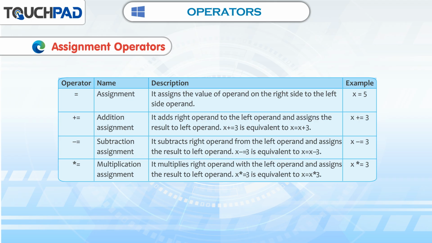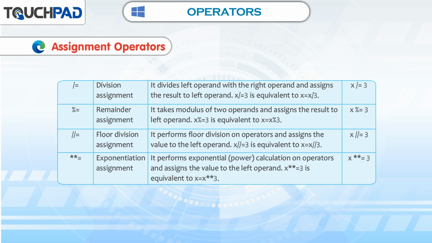Multiplication assignment: it multiplies right operand with the left operand and assigns the result to left operand. x *= 3 is equivalent to x = x * 3.